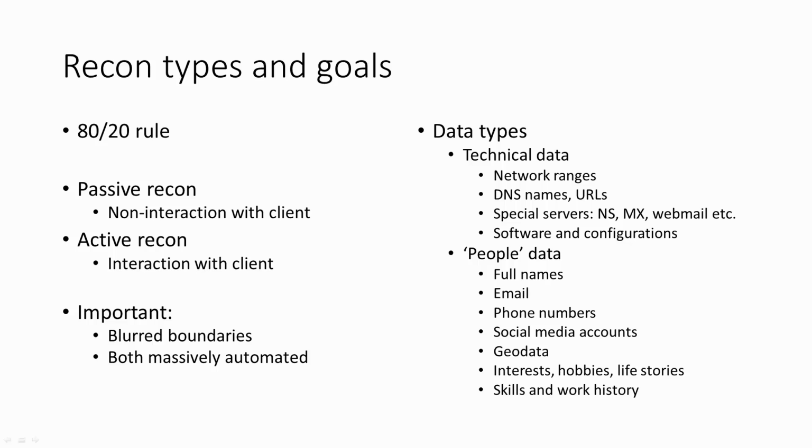So you will be interested in creating this database of openly available information about the personnel, starting from full names through contacts like email and phone numbers, instant messaging accounts, social media accounts, interests, hobbies, life stories, anything related to them, anything they are fond of, the skills they showcase in resumes and on job sites, and their work history as well.